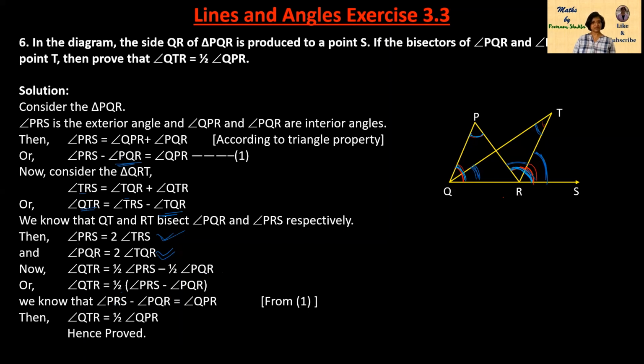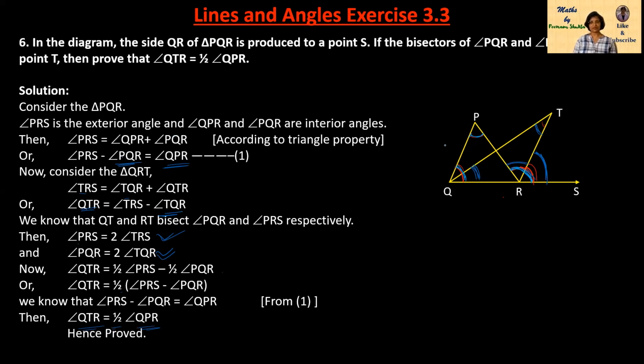Clear? So half will be common. So PRS minus PQR. PRS minus PQR is QPR here from equation 1. So we have put the value from equation 1. So we will get QTR equals to half of QPR. When you will solve it in your notebook, then you will find out, because this is very simple. Everything is given here. You know everything.